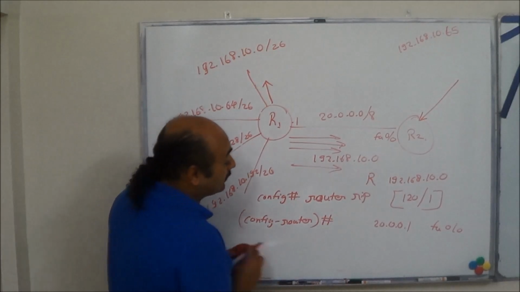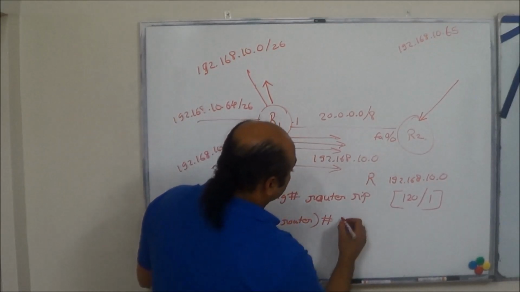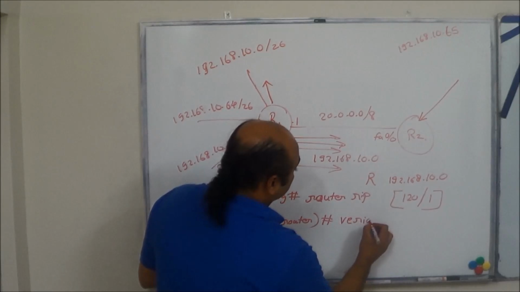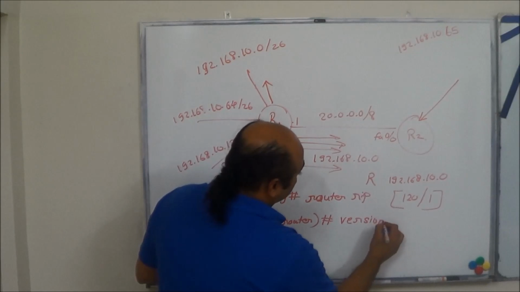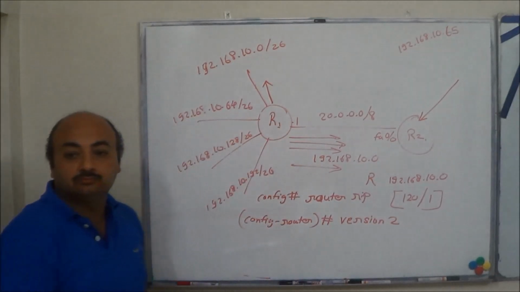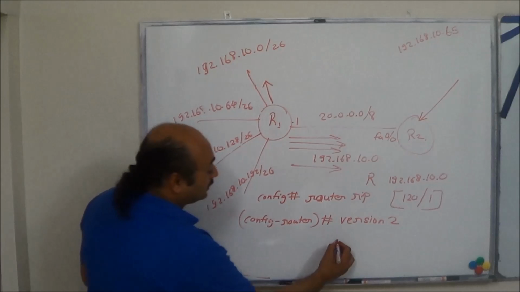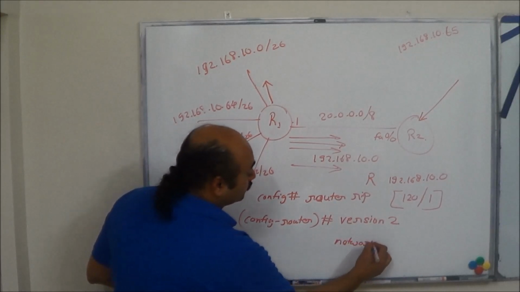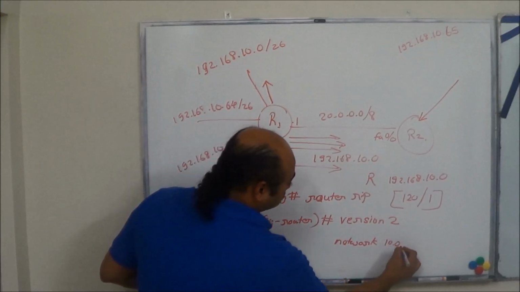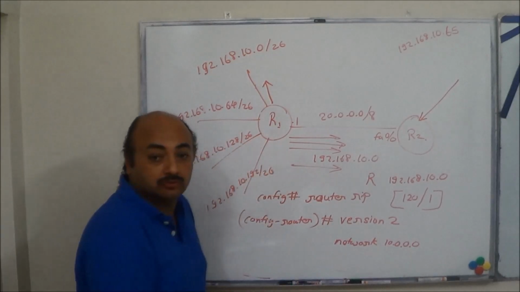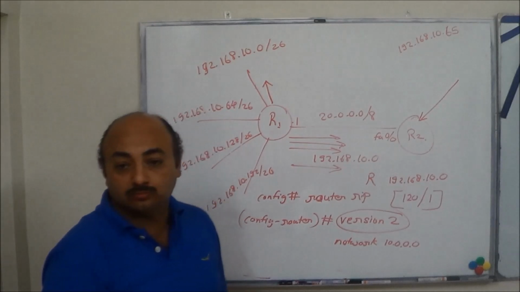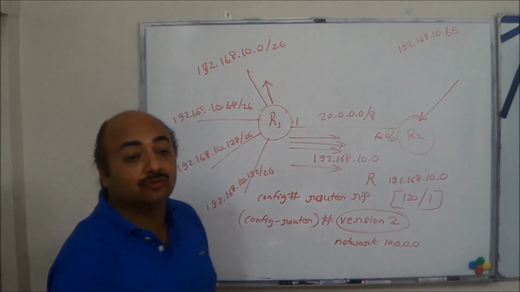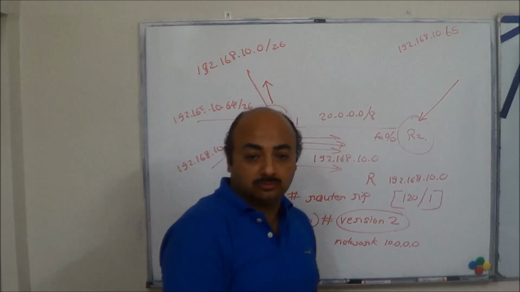Here you give the command. And of course, then you give the command network, whatever network it was. But the difference is the addition of this command: version 2. And if you want to remove version 2, no version 2.